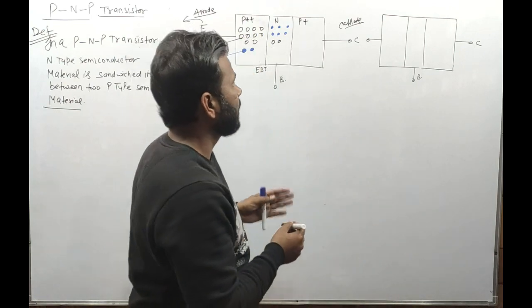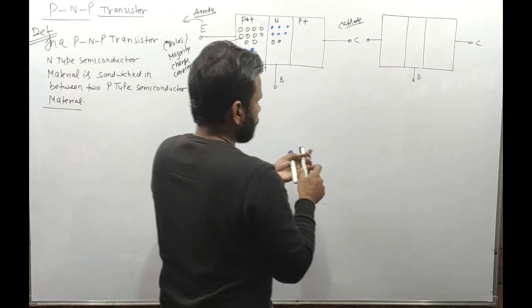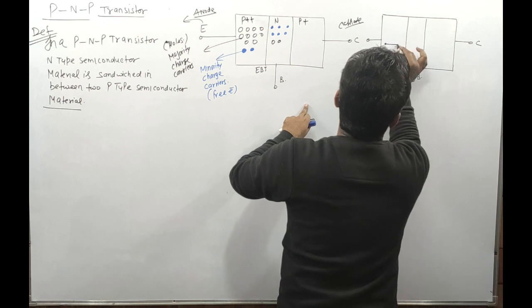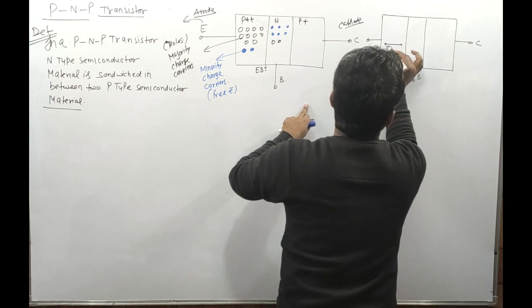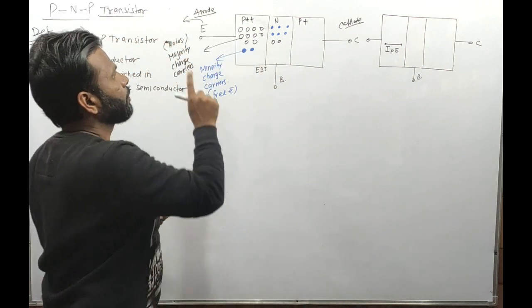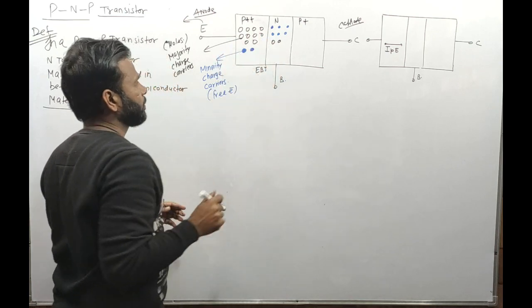So अगर बात करें, holes are moving from this to this, so there will be emitter current, and this is called I of P of E. ठीक है यहां तक, because holes are moving from emitter to base. ठीक है.